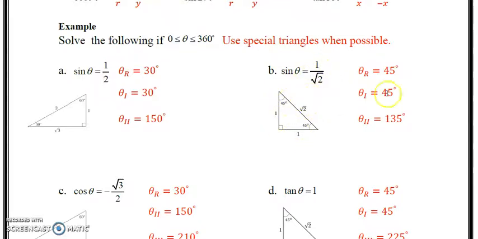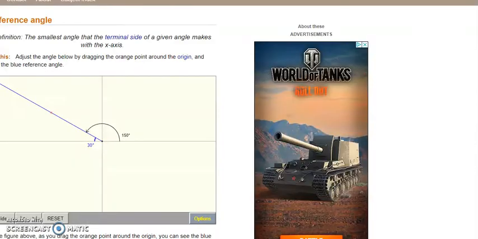So we know we're dealing with the 45, so our reference angle is 45. What other quadrant has a reference angle of 45 that yields a positive value for sine? When we take the sine of that unknown angle, it's quadrant 2, and that angle is 135. And again, we can go back to this, and we got the 45, 135, right?